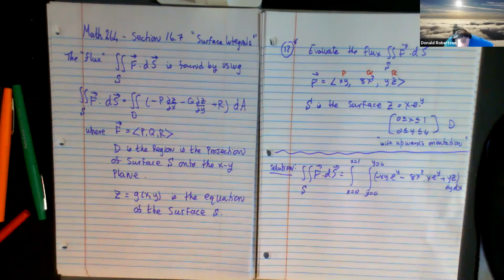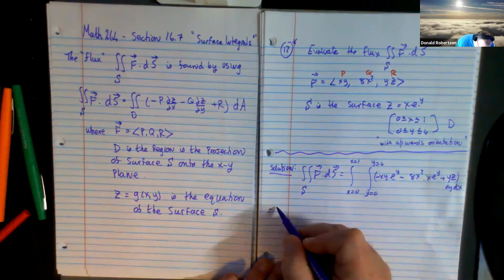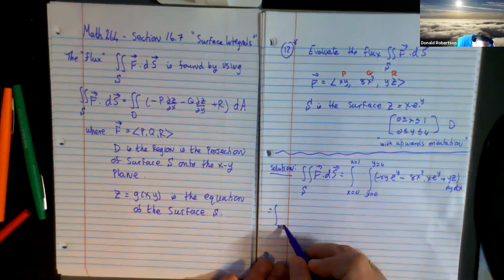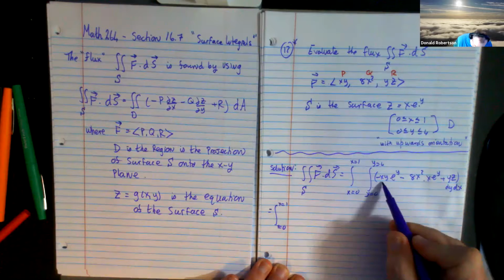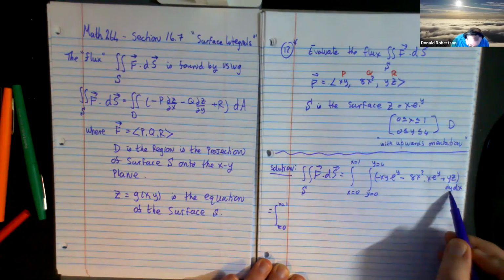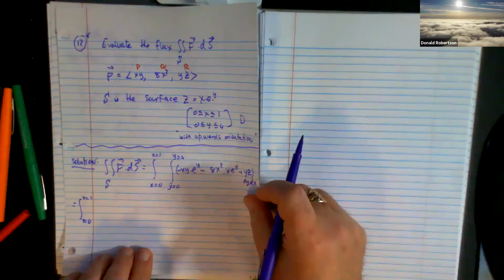Well, let's see what we get. We get x equals 0 to x equals 1. And we're going to do all of this with respect to y. Well, that's kind of going to be a bit awkward.